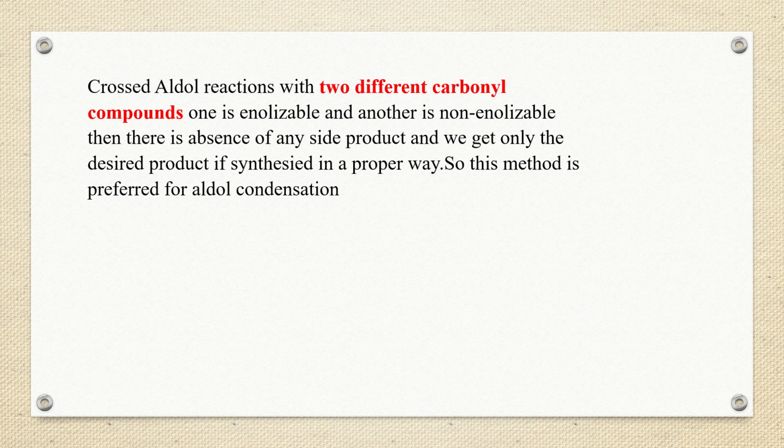For the cross-aldol reaction to be carried out, we have to consider two different carbonyl compounds in which one of them should have a presence of alpha hydrogen atom, or you can call it an enolizable one, and the second carbonyl compound should be selected in such a way that there is absence of alpha hydrogen atom, that is, it's a non enolizable one. And combining these two, condensation of these two molecules can give you a unique product or the desired product.